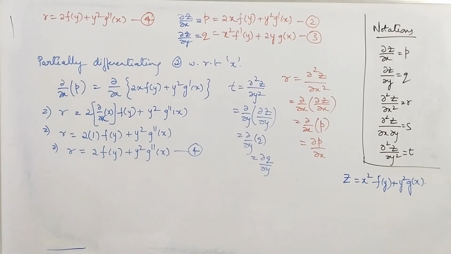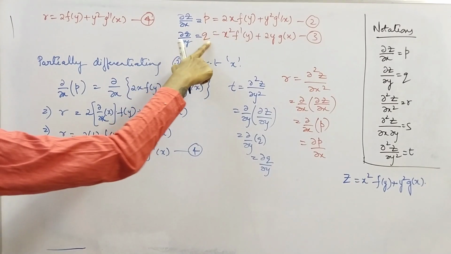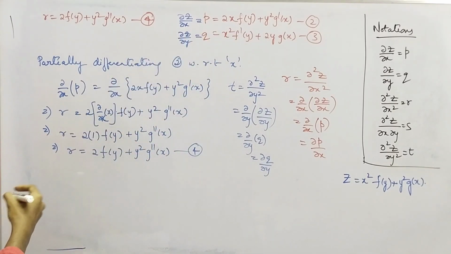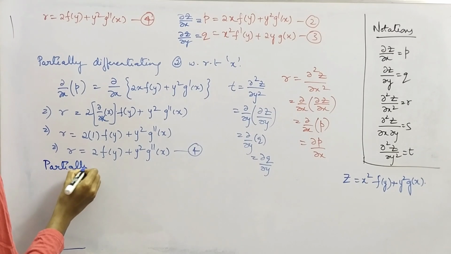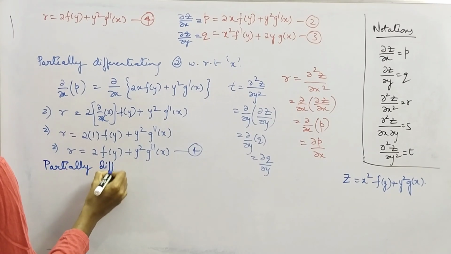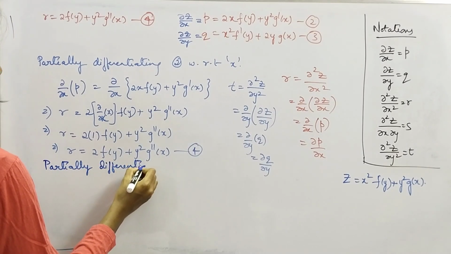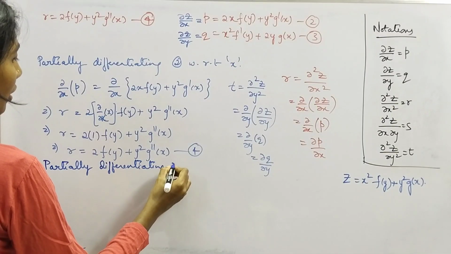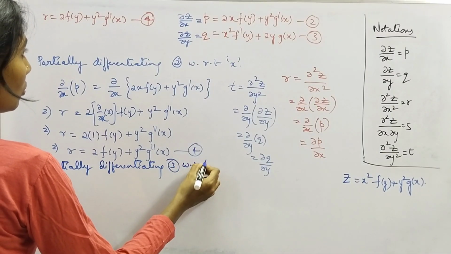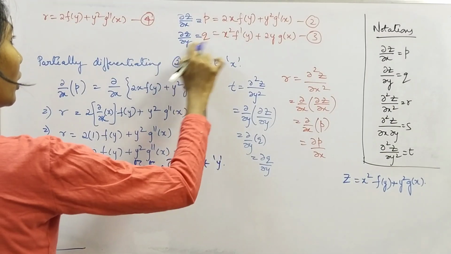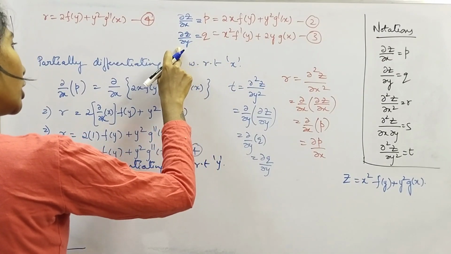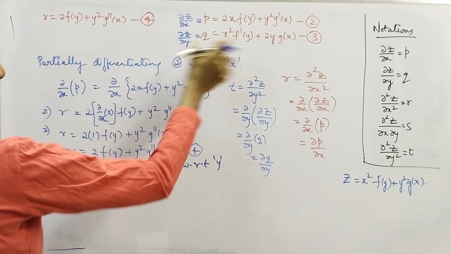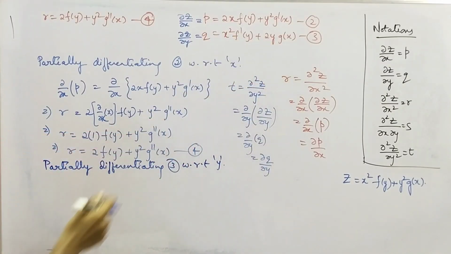Now let's partially differentiate equation 3 with respect to y. Just apply dou by dou y on both sides of the equation. You can choose q or dou z by dou y for the LHS part, and this is your RHS part, right?